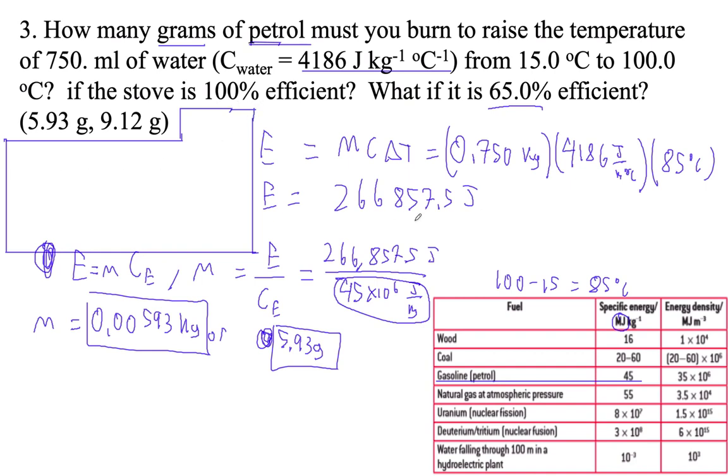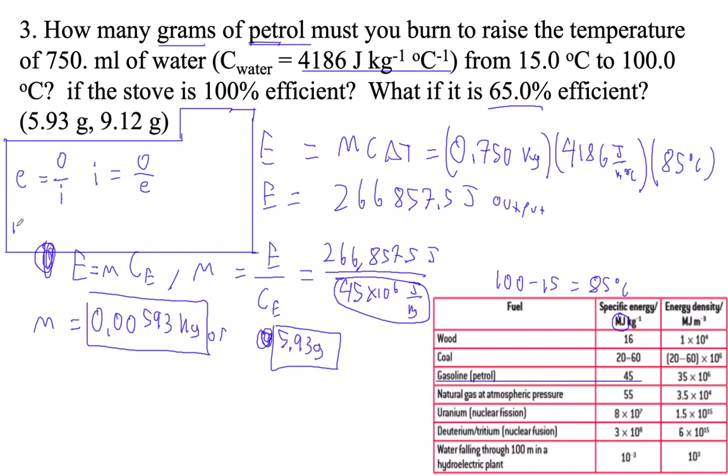This is the output, and we've got to figure out the input, right? And so efficiency is output over input. Therefore the input energy is equal to the output divided by the efficiency.